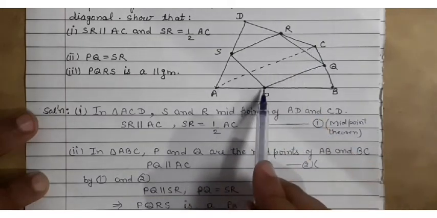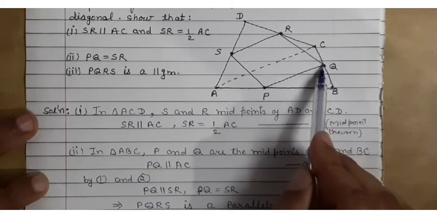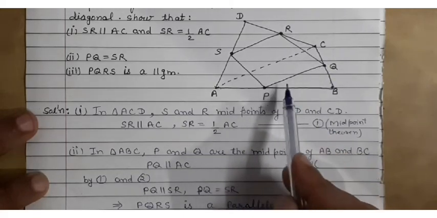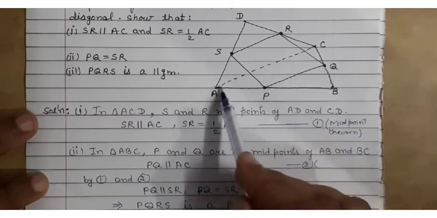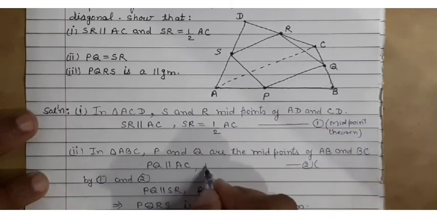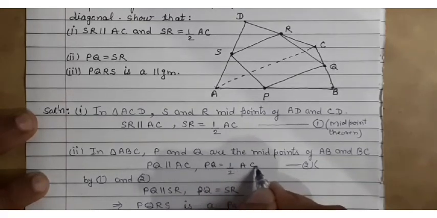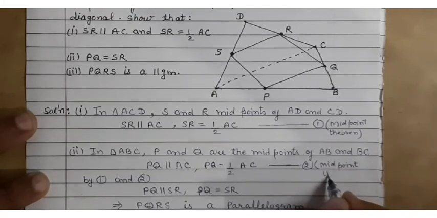Now take the second triangle ABC. In this one, the midpoint of AB is P and the midpoint of BC is Q. So by the midpoint theorem, PQ will be parallel to AC and PQ is equal to half of AC. This is your second, by the midpoint theorem.